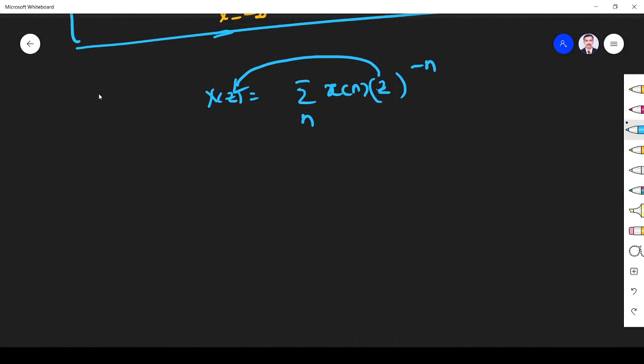And a few more properties we have to know, for which we don't need proof, but we must know. Complex conjugate property of the Z transform. What is it telling?